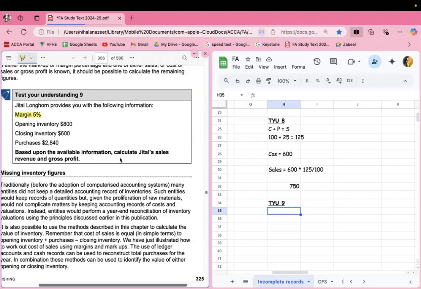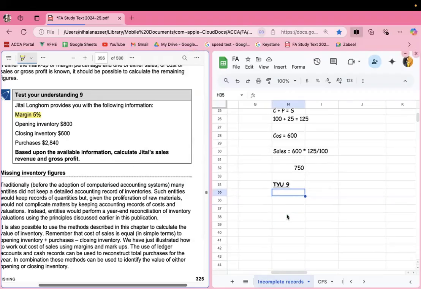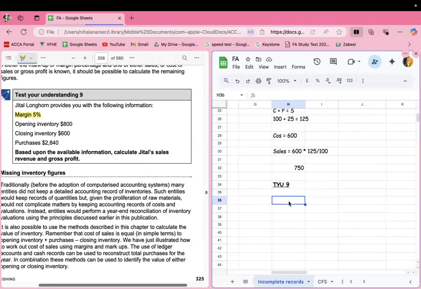So based on the available information, we need to find the sales revenue and the gross profit. First of all, you have to decide what is your take. From this available information, you can calculate cost of sales. So cost of sales is equal to opening inventory plus purchases minus closing inventory.